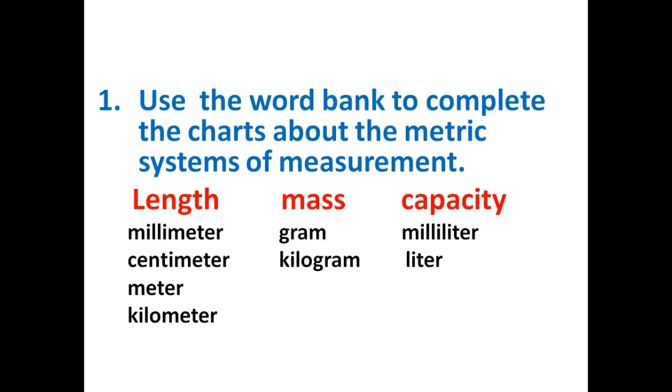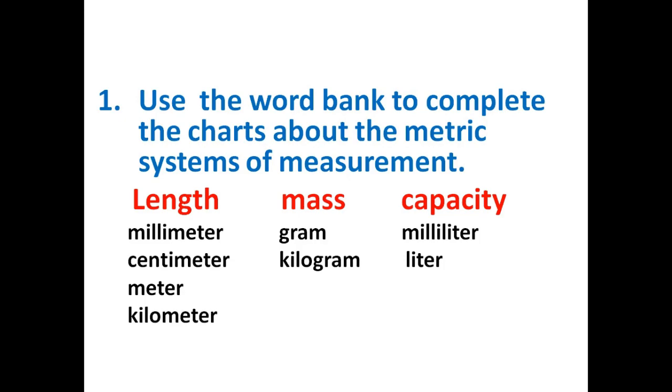Our next chart is about mass. We will select what is in the mass from the given information. Gram is the unit of mass, and after that we have kilogram. Its abbreviation is kg.